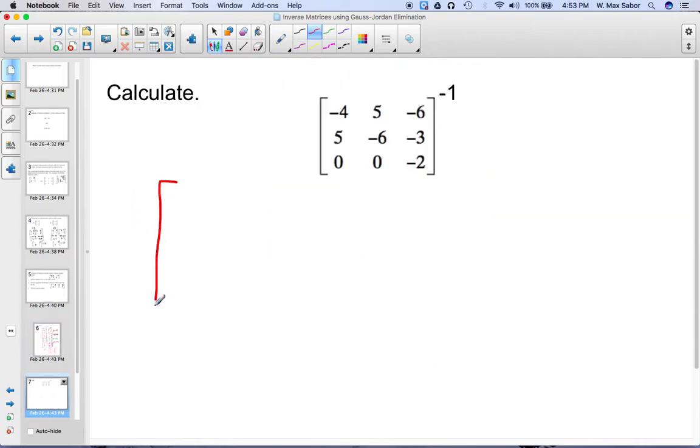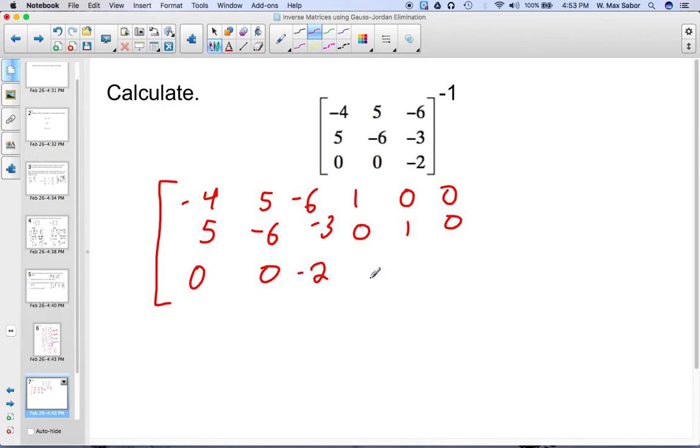So here we have a 3-dimensional matrix. I'm going to extend it. And what we want to do is perform row operations on this until the left side is the identity matrix.